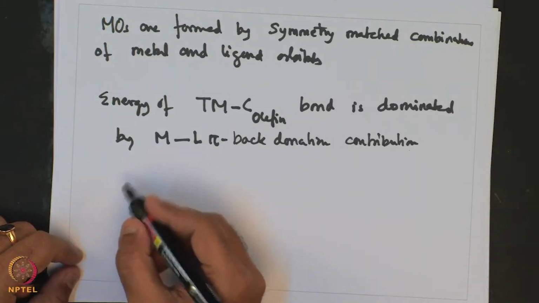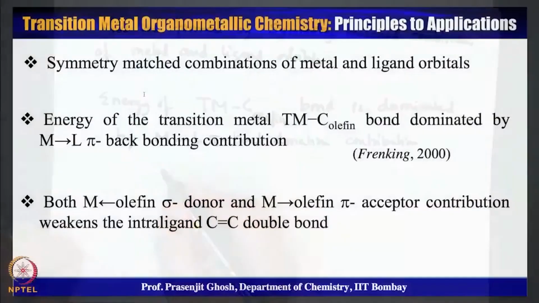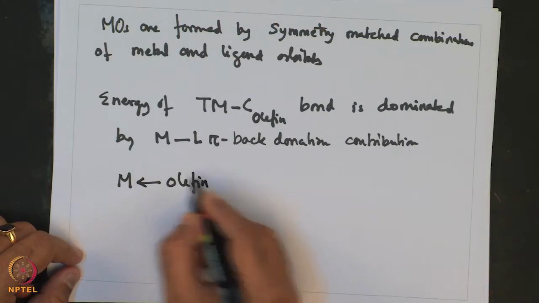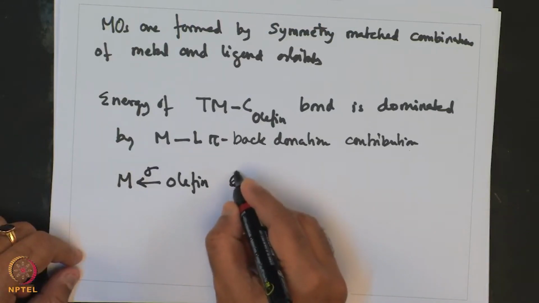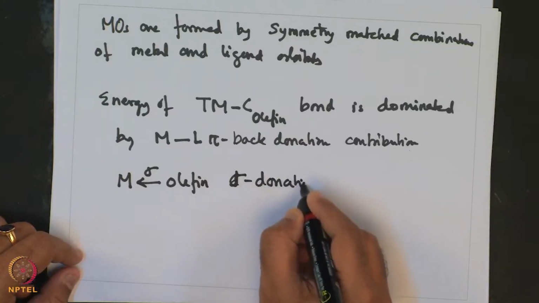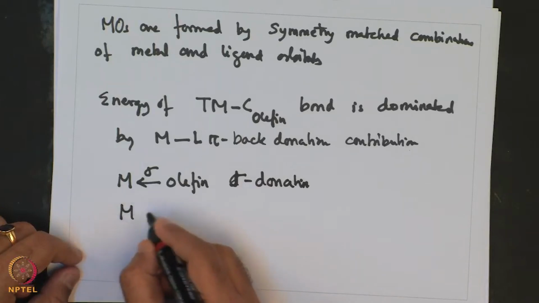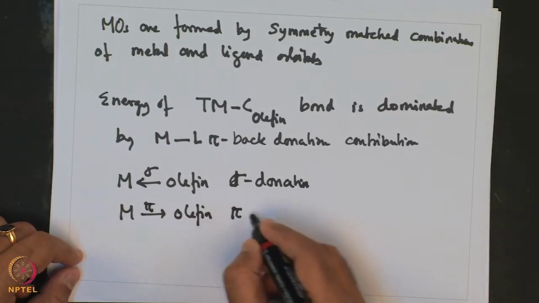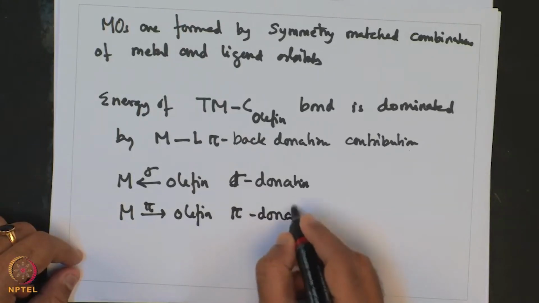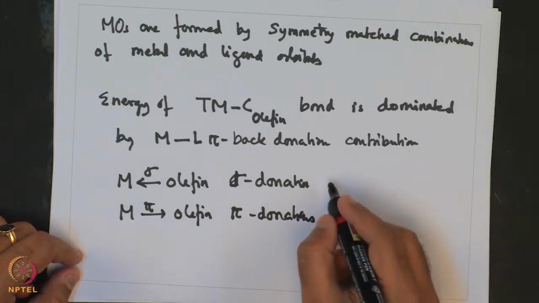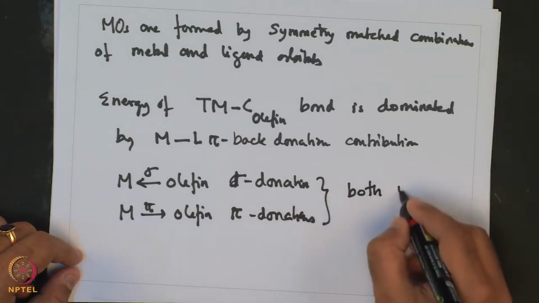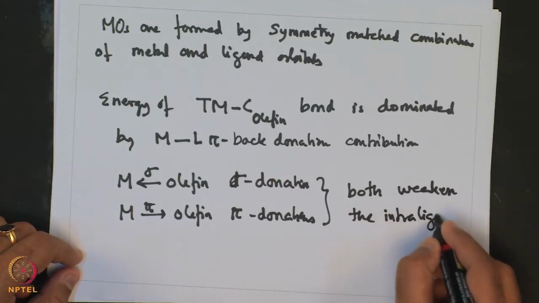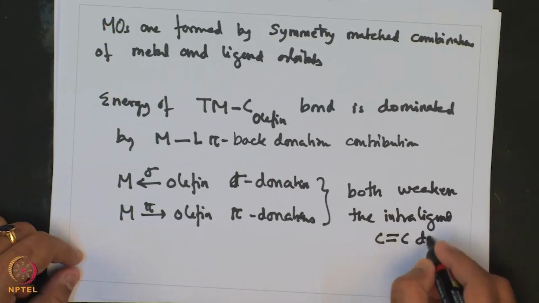Another important aspect of forward sigma donation and pi back donation is the fact that olefin to metal sigma donation and metal to olefin pi back donation both weaken the intraligand CC double bond.